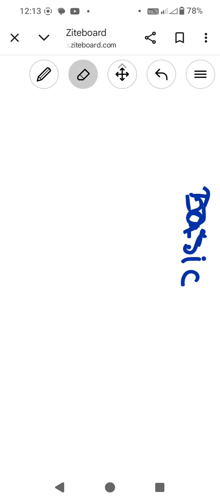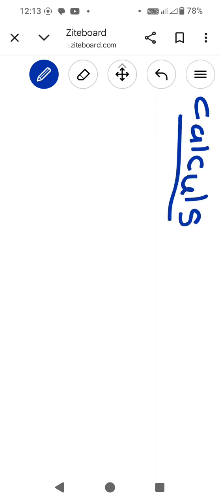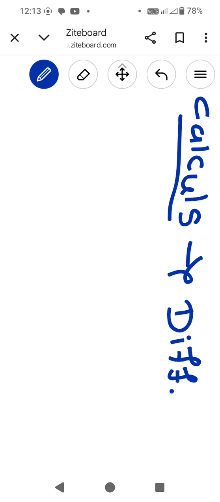In the future, we will be dealing with calculus, and on top of that we will discuss basic differentiation, which will be required.